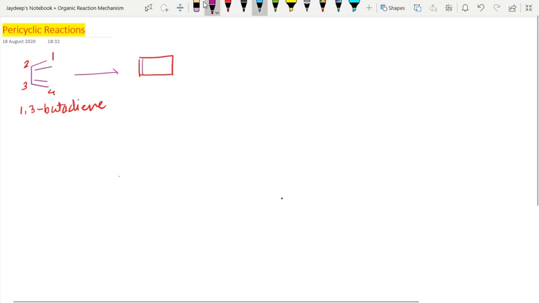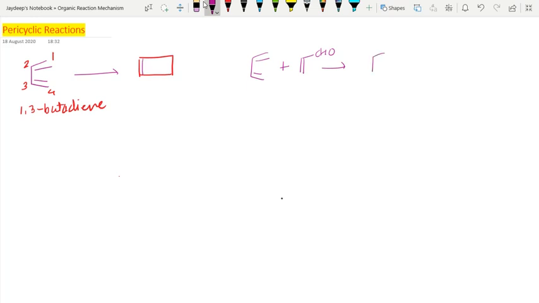Our second example we are going to consider. This is the product. Now these are the two reactions I am going to consider here.